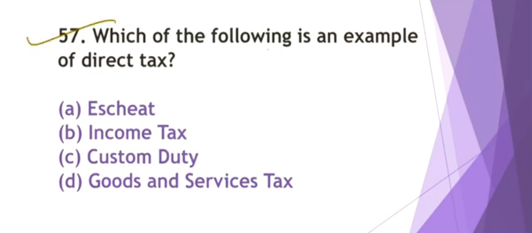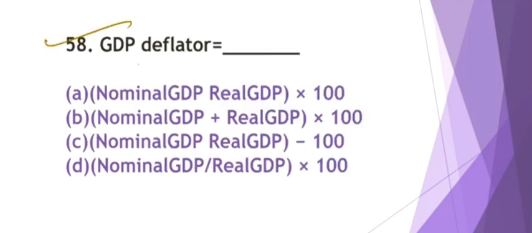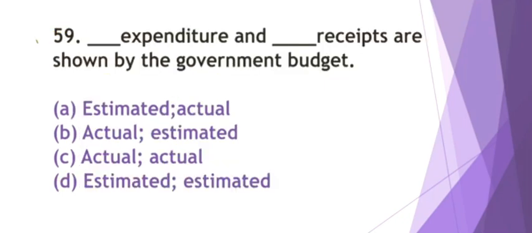57. Which of the following is an example of direct tax? Option number B, income tax. 58. GDP deflator is equal to option number D, nominal GDP by real GDP into 100. 59.